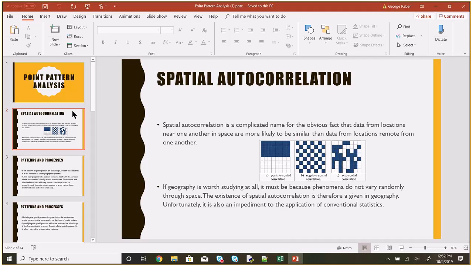Oftentimes you'll see that, like we did with the tornadoes here. One of the things about measuring spatial autocorrelation is that if we measure it at one scale, it might appear very clustered. If you know where tornadoes happen in this world, a lot of them happen right here in the United States. So if we did a worldwide map of where tornadoes occur, somebody might say that tornadoes are very clustered.